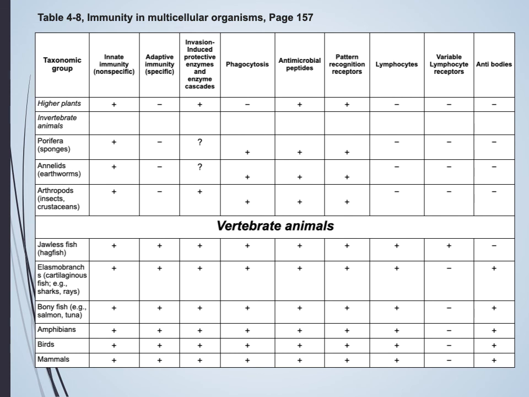So this just looks at some of the different components, starting at the left, looking at innate immunity, then adaptive, and so you can see how in lower level organisms like invertebrates, earthworms and arthropods, they do have an innate response, but they lack an adaptive response.